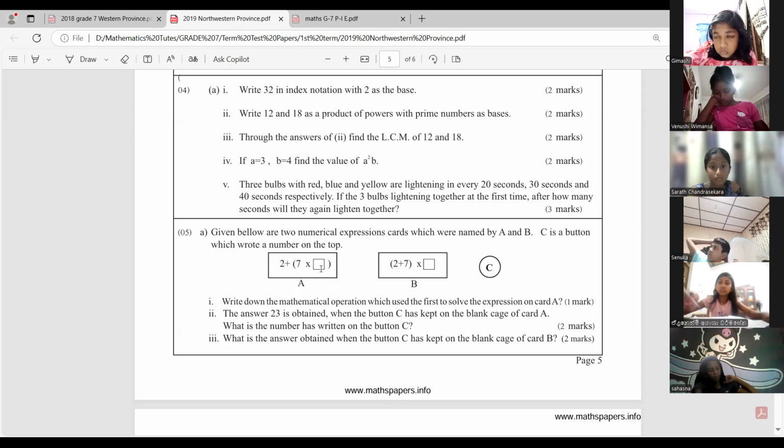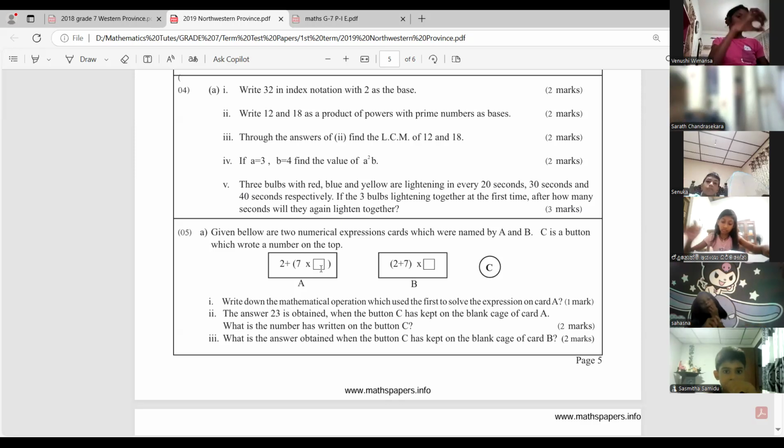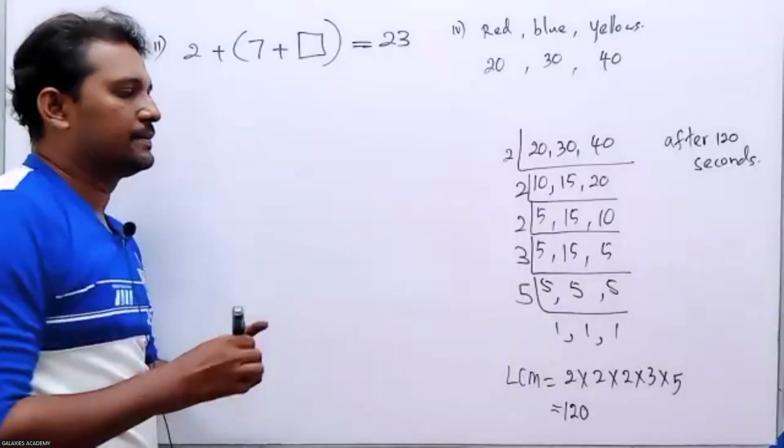Look at how you can do the capital A expression given: 2 plus bracket 7 and this value. When you press the button C, the answer obtained is 23.